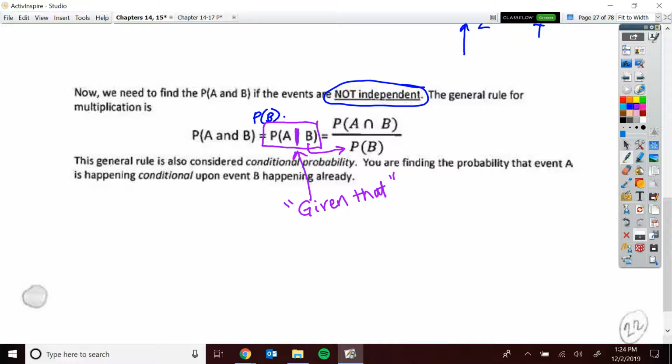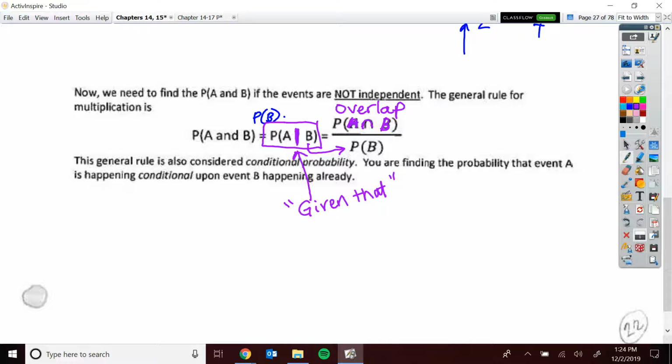Then what I want on top is that overlap section, that intersection of A and B. This is where students typically make the mistake. Frequently, I get students wanting to just give me the probability of A over the probability of B. No, it's the overlap, the intersection of A and B on top of the B.